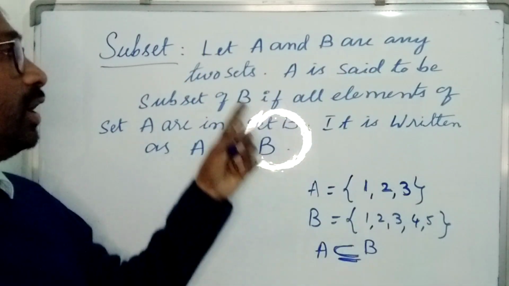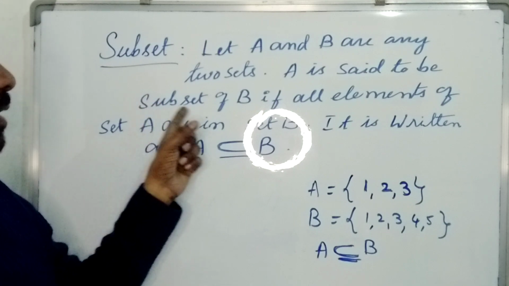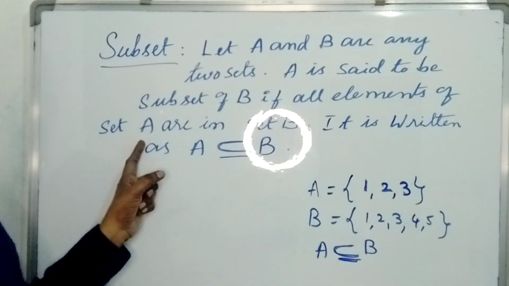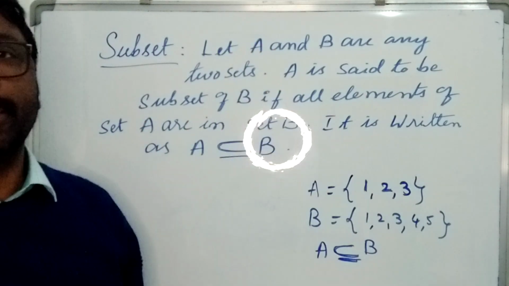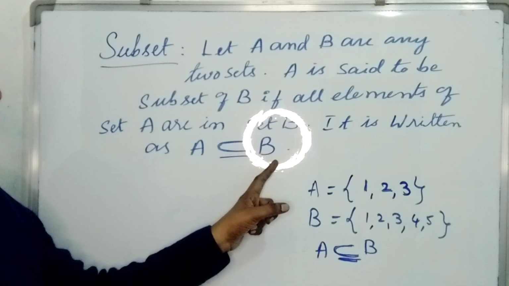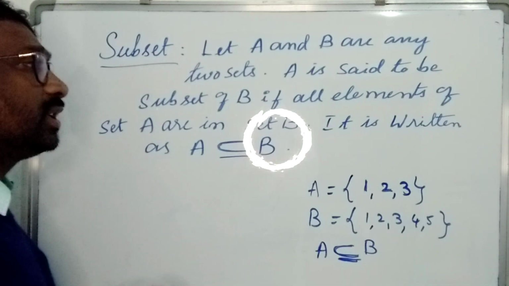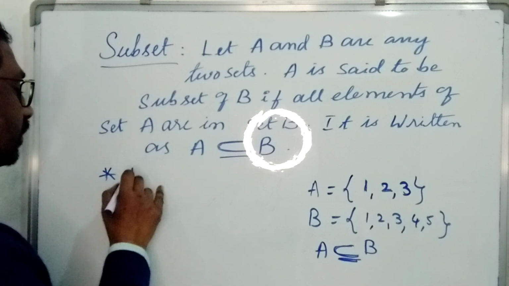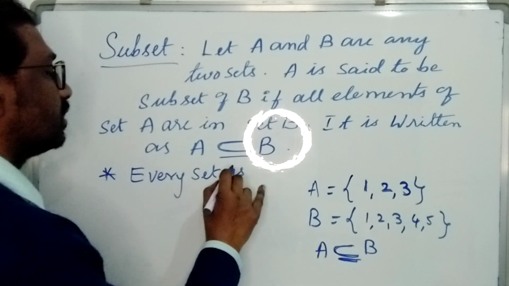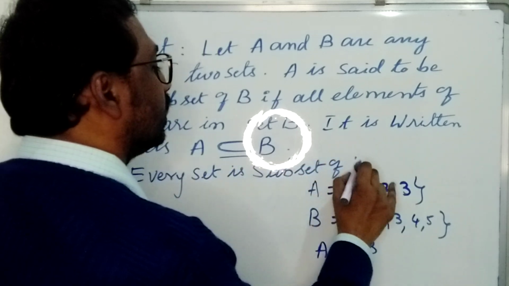So that's how we can define the subset. Let A and B be any two sets. A is said to be a subset of B if all elements of set A are in set B. So it is written as A subset of or equal to B, because every set is a subset of itself.